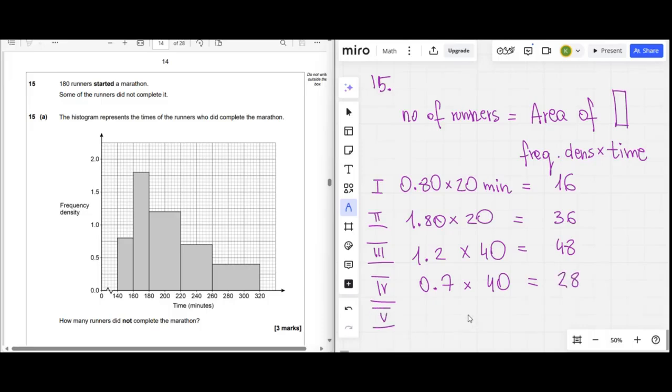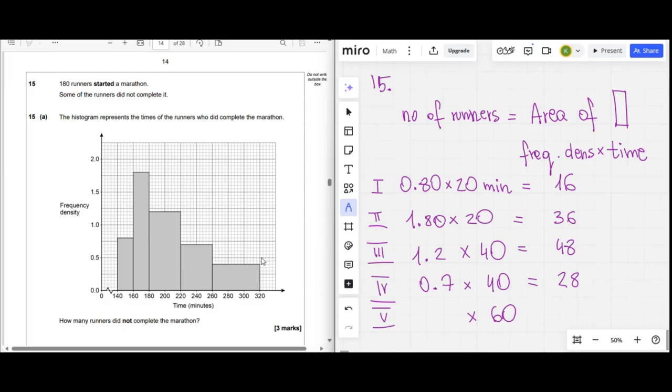In the last block we have a range of 60 minutes, and the density is 0.4.